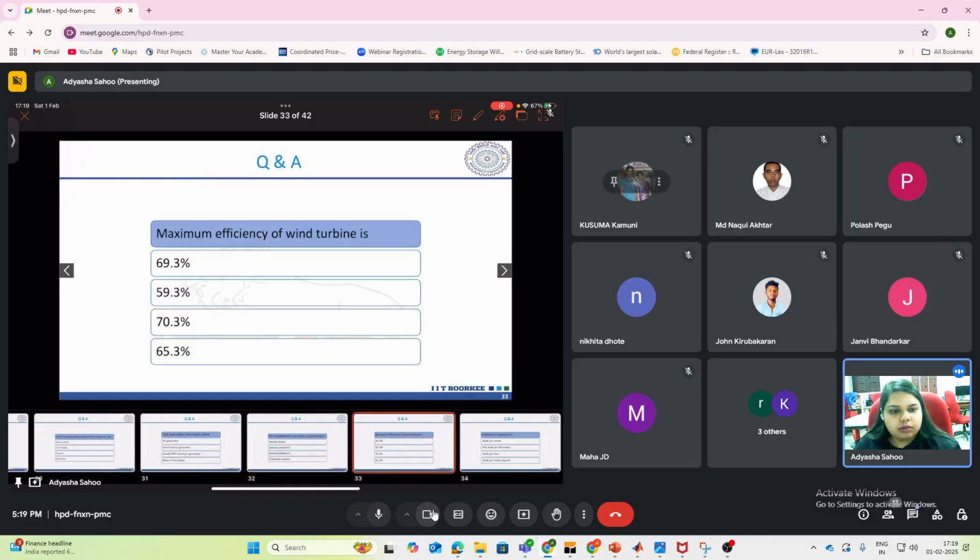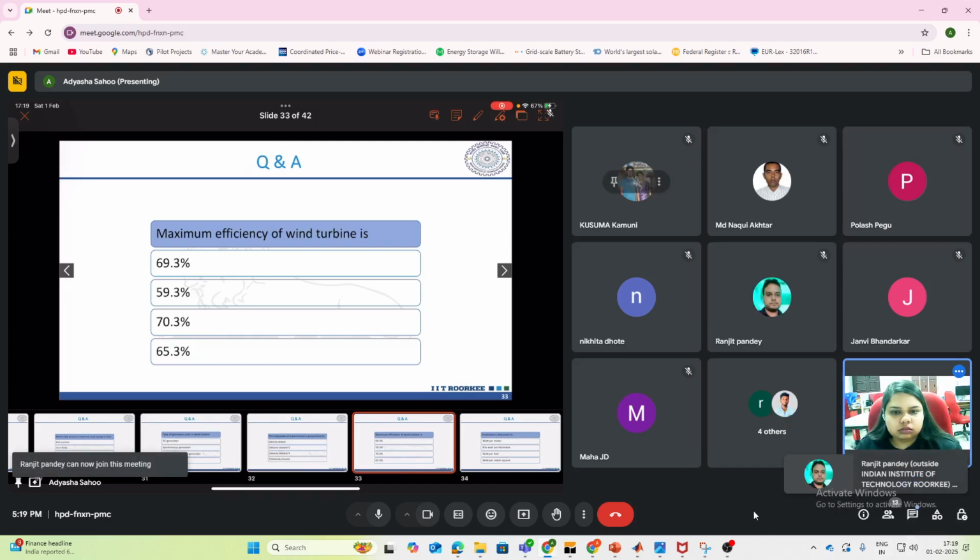What is the maximum efficiency of wind turbine? Someone says 59.3.